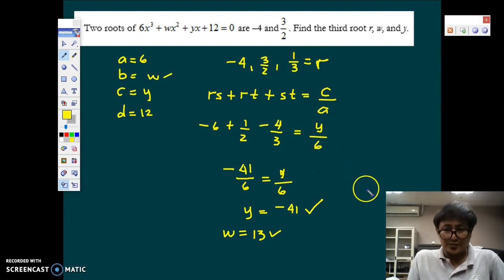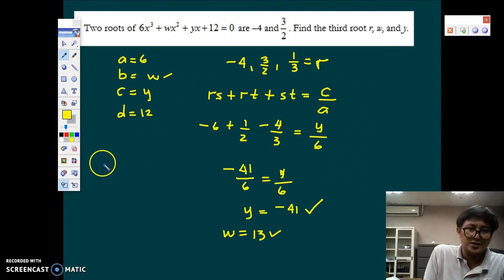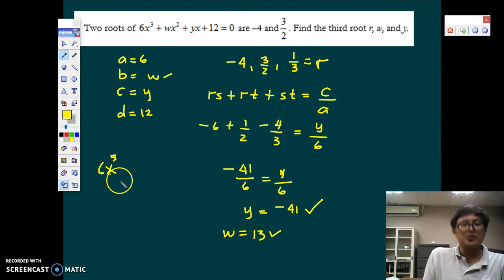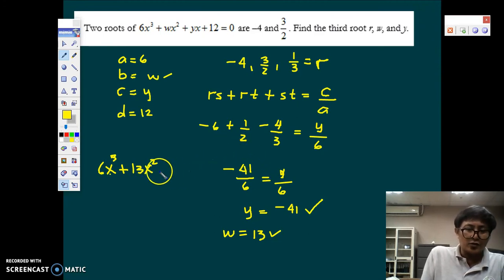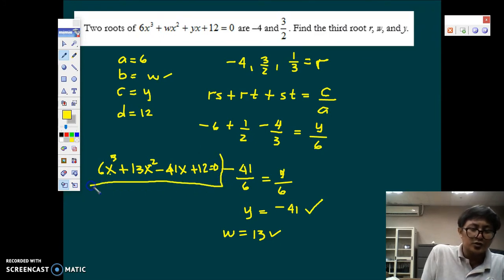Now just to check, the polynomial would have to be 6x cubed plus wx squared, that would be plus 13x squared, yx, that would be minus 41x, and then plus 12, then equals 0. There. This is the polynomial.